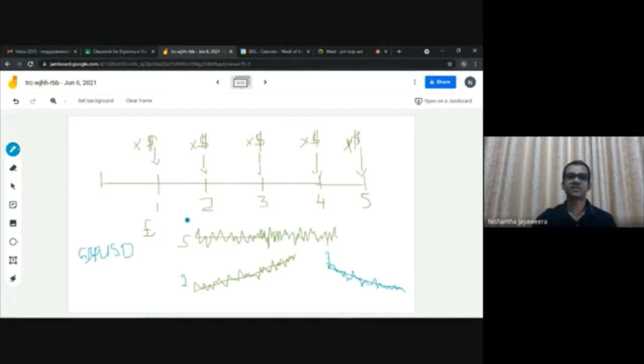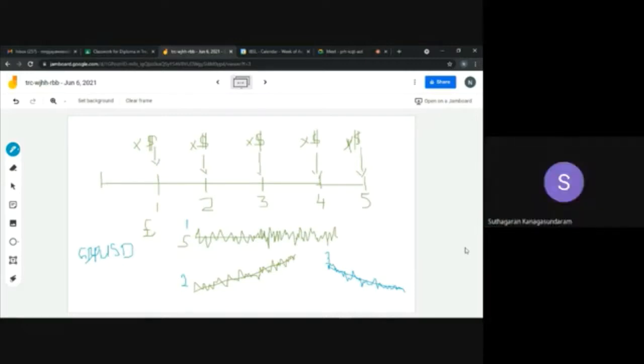In the first one, what has happened? There's not much exchange movement between GBP and US dollars.